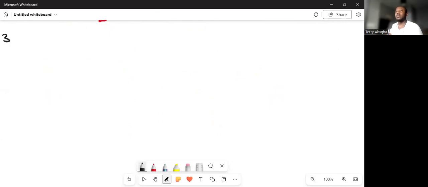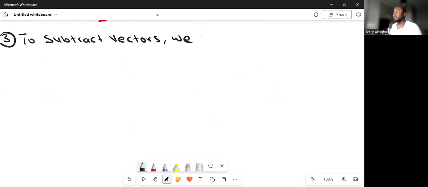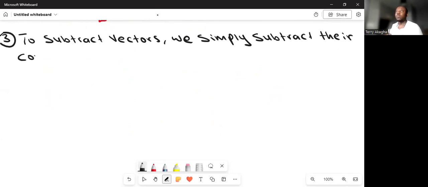So number 3, to subtract vectors, we simply subtract their components in order with their corresponding coordinates.